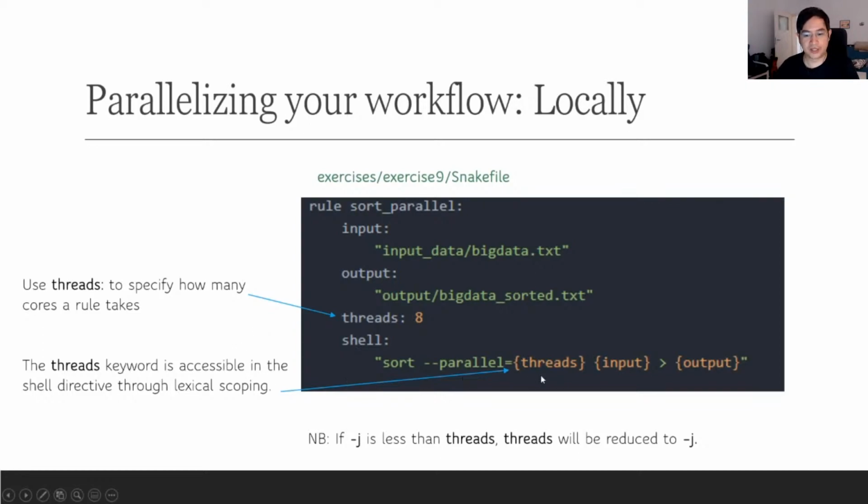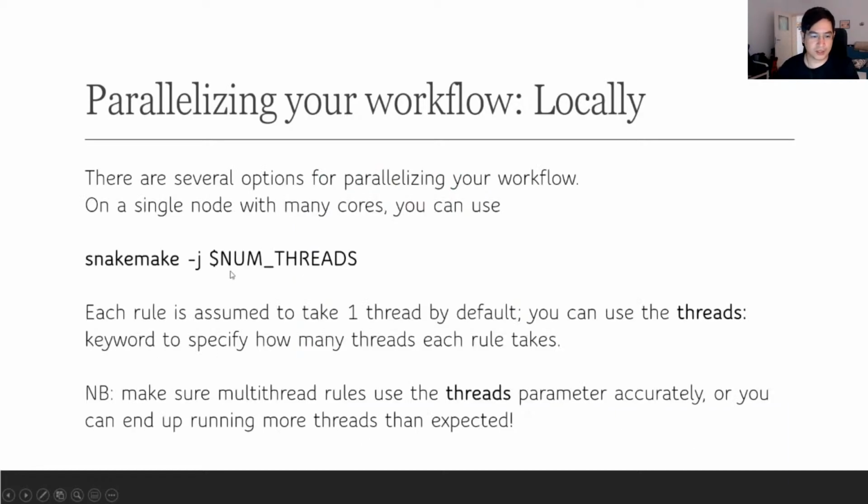And again, this threads keyword is one of these special variables that's available to the shell, run, or script command, so it is always available to you. One side note: this was specified on the command line. This tells you the total number of threads that you can use.